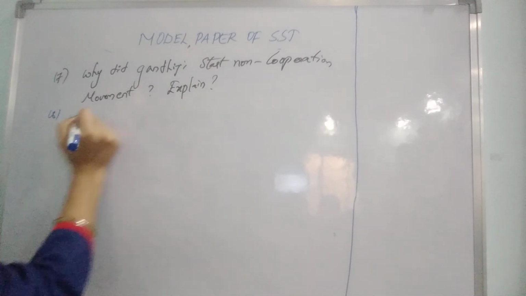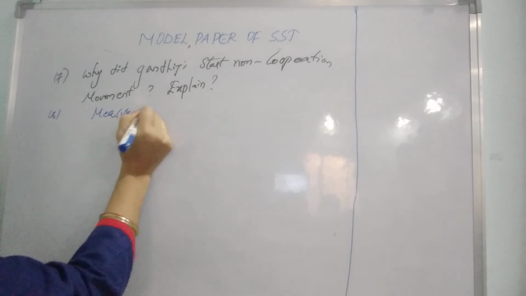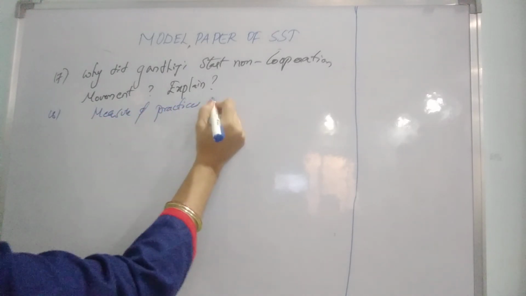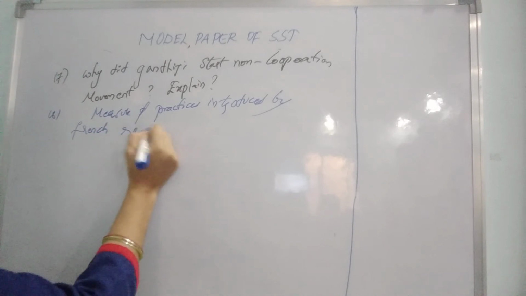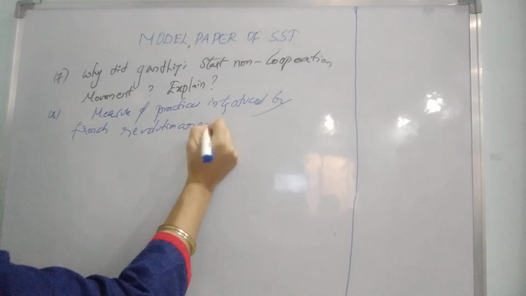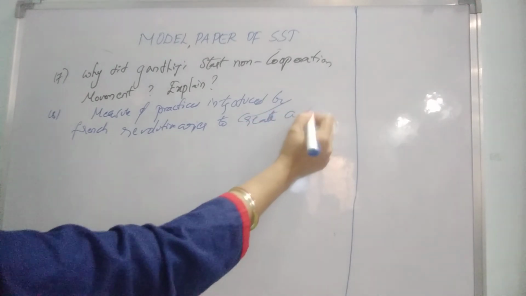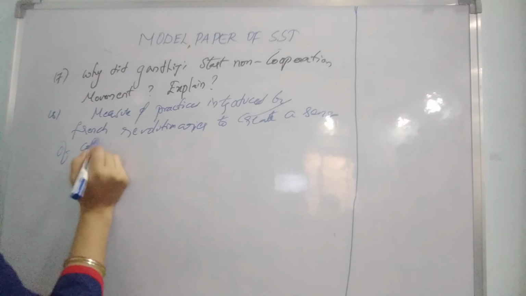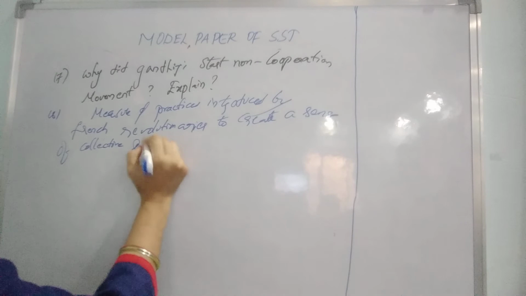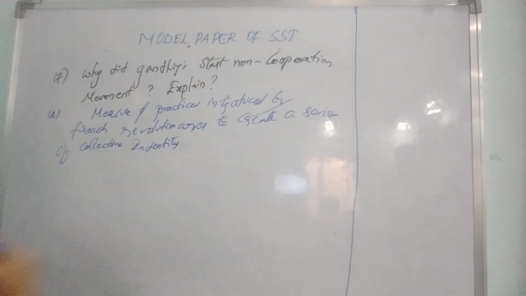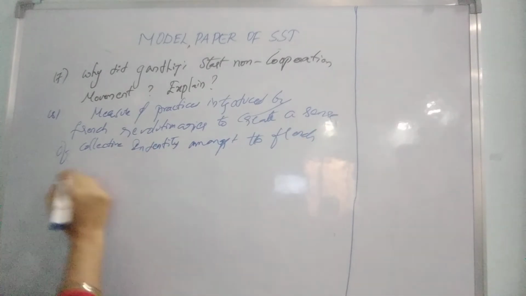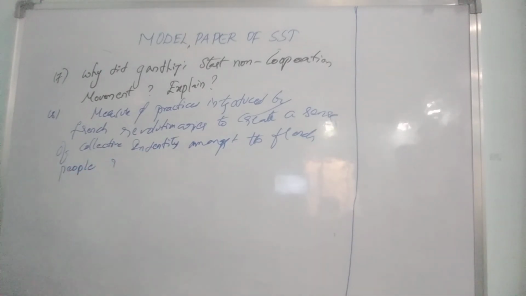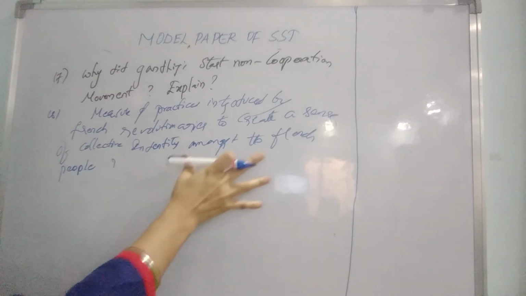And the next, 18th question is: explain the measures and practices introduced by the French revolutionaries to create a sense of collective identity among the French people.